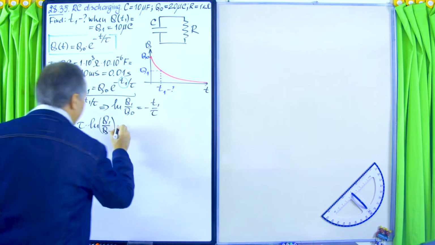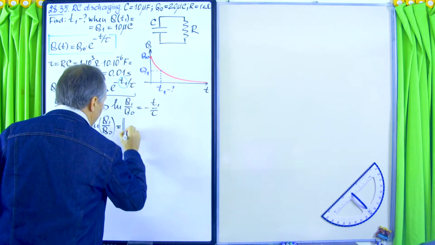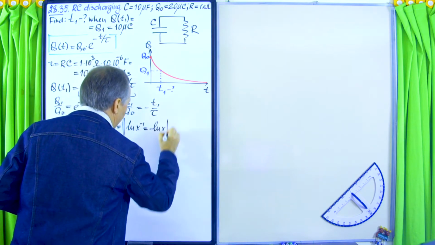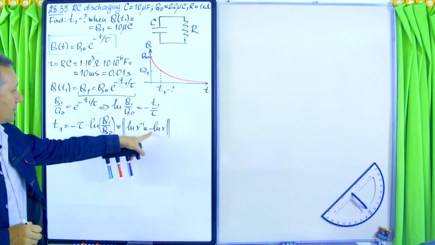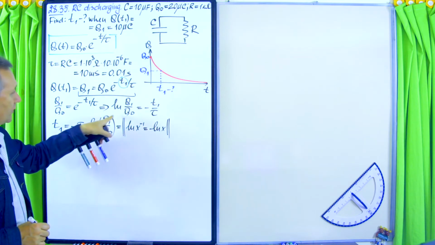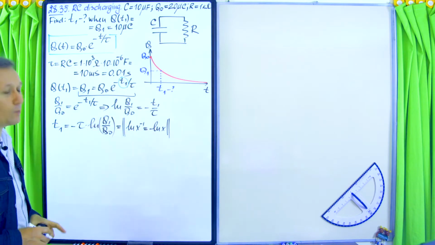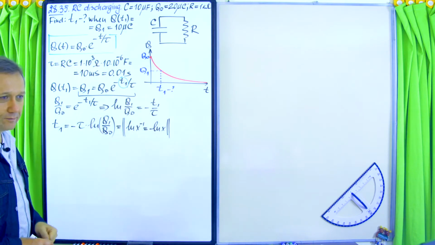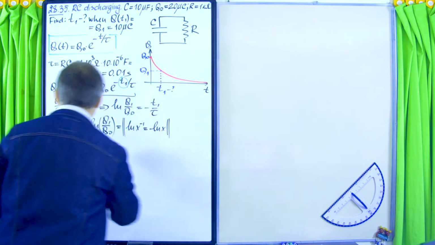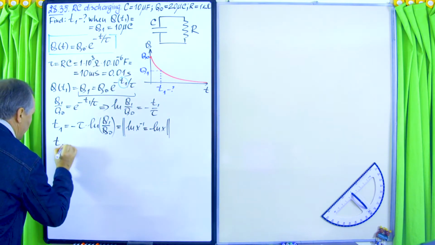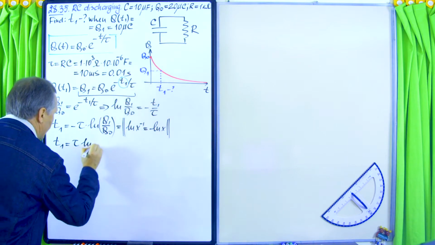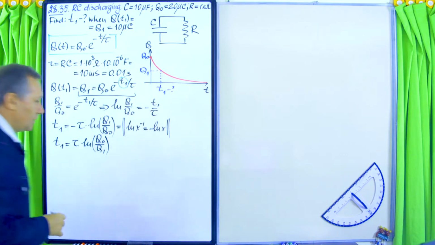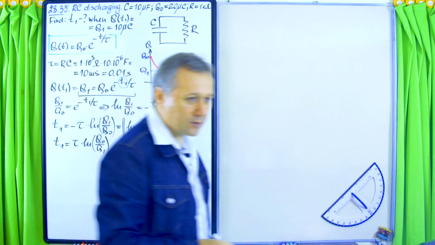You remember that property: the natural log of x to the power of minus 1 equals minus the natural log of x. So I can move this minus here as a power of minus 1. It means that I can just flip this ratio. So finally it will be T1 equals tau times the natural log of Q naught over Q1. I would claim this as the algebraic answer.